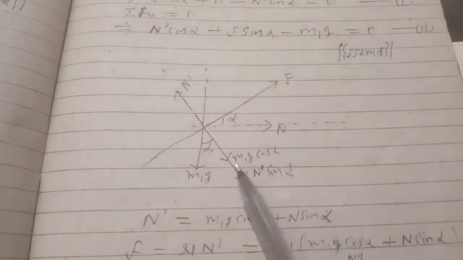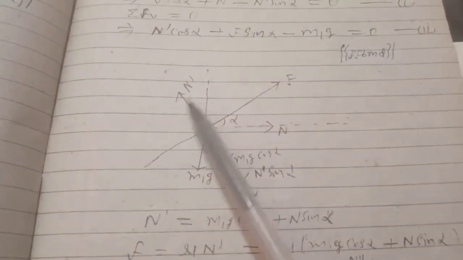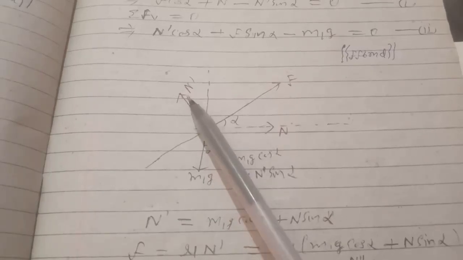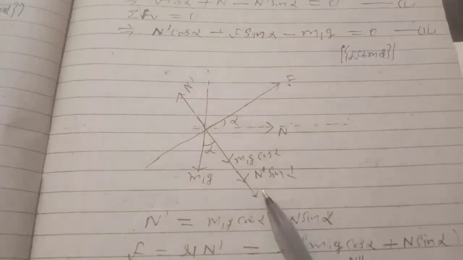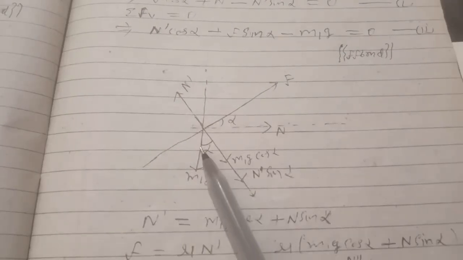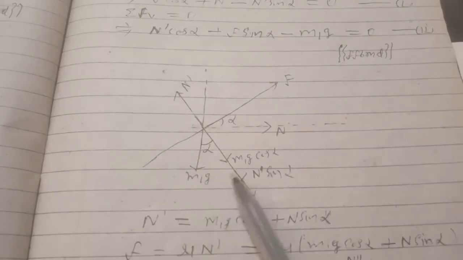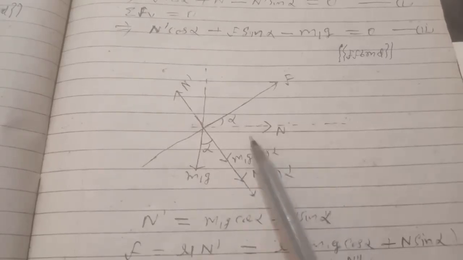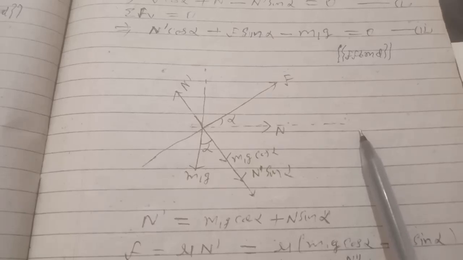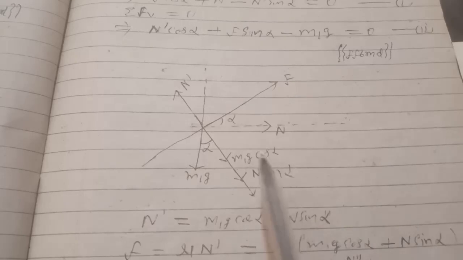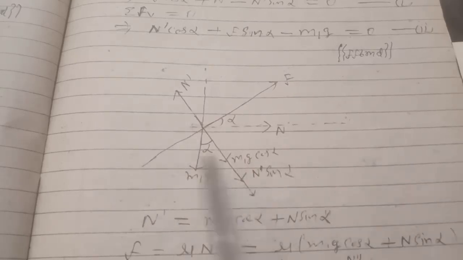Again for the block, because on this body it was N dash, on the block it will also be N dash, and this will be the alpha angle. Because this body has a tendency to move in this direction, the force of friction will be in this direction.